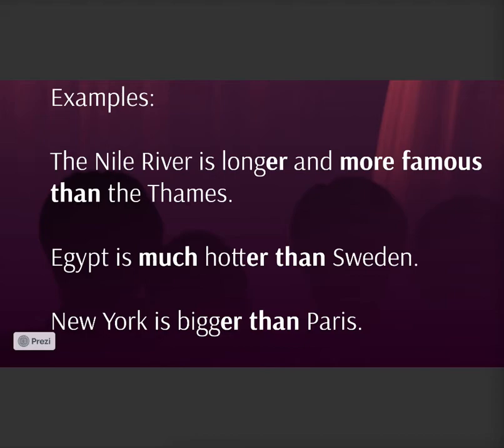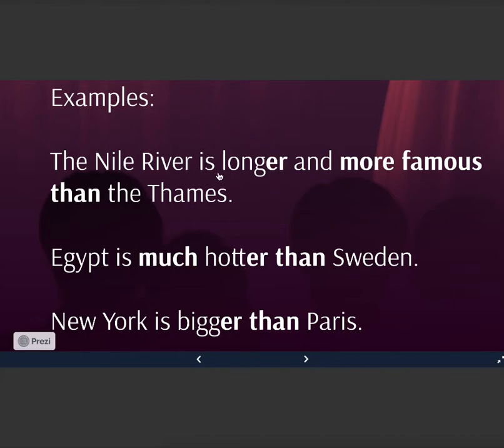Okay, miss. Examples. The Nile River is longer and more famous than the Thames. Egypt is much hotter than Sweden. New York is bigger than Paris. Thank you. So look at this: the Nile River is longer and more famous than the Thames. Here we have two examples of comparatives. In one case, we are making a comparative with a short adjective.